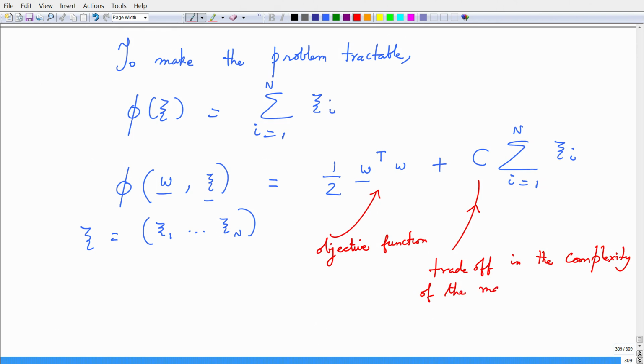It is the computing complexity of the machine and the number of non-separable patterns. Because this is our constraint.